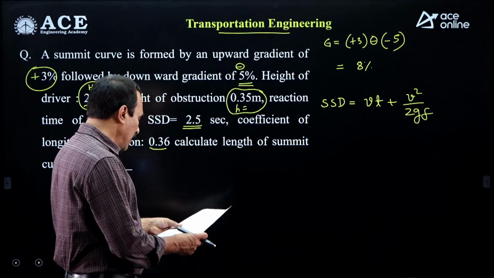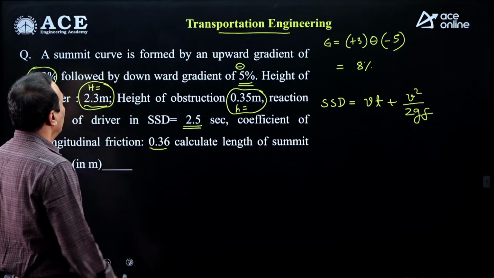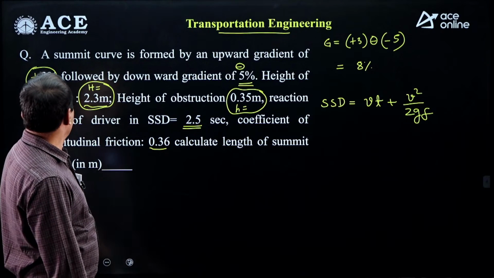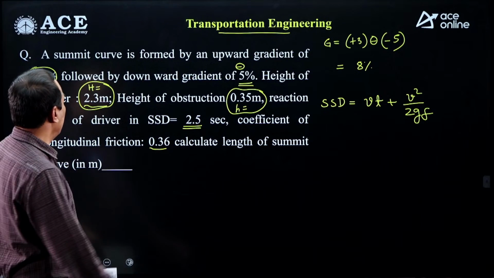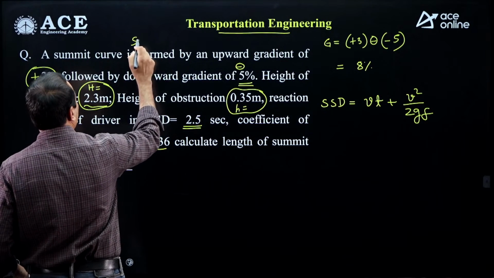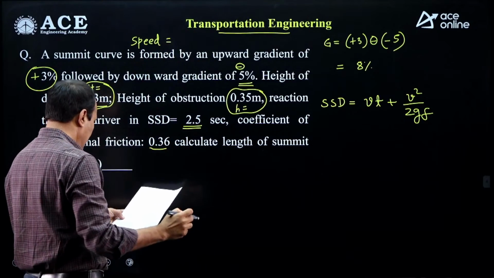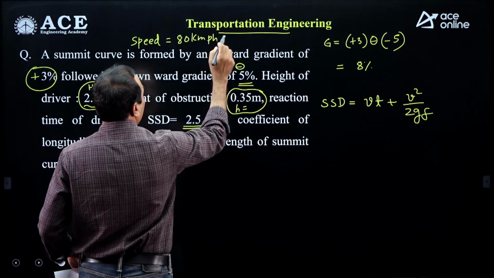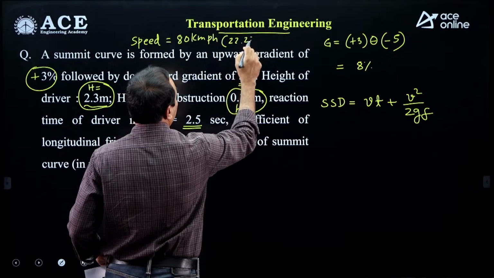The speed is actually missing in the question. The speed of the vehicle is given as 80 kmph as per the data, and if you convert that into meter per second, it is 22.22 meter per second.